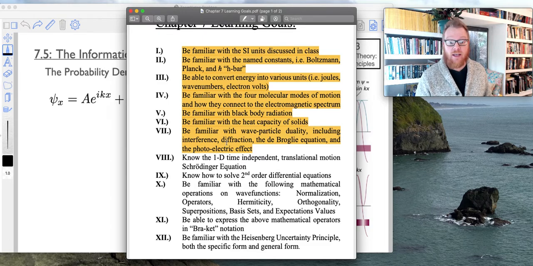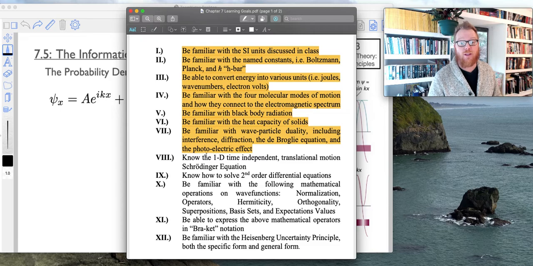Okay, so in the last video, just to keep up with reviewing these learning goals, we went through the 1D time-independent translational motion Schrodinger equation, and we're going to keep discussing the Schrodinger equation ad nauseum, and we're going to keep adding more of these qualifiers to it, such as three-dimensional. We're going to build in more than just translational motion.